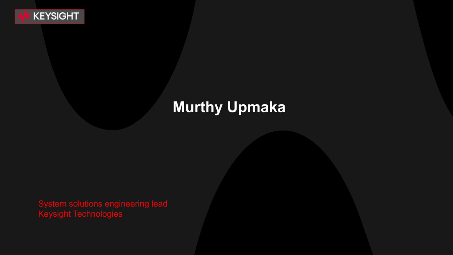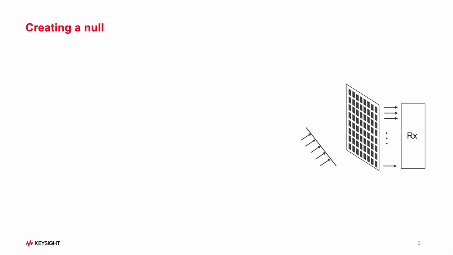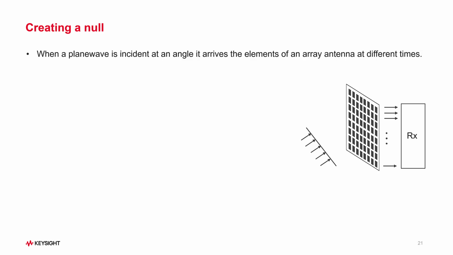In this short video, I will describe and demonstrate how we can mitigate interference, either that is coming in our transmitter towards the receivers, or it is coming in our receiver from external transmitters. As can be seen in the picture here, a plane wave is arriving at a phased array at an angle.